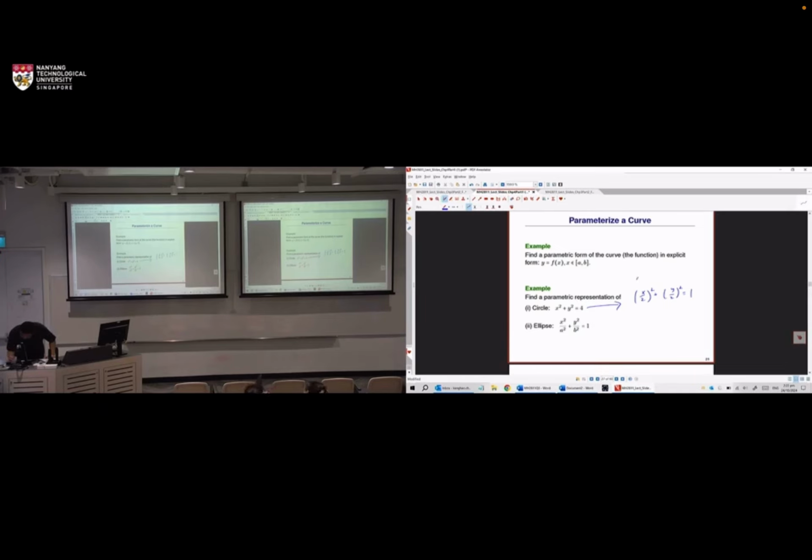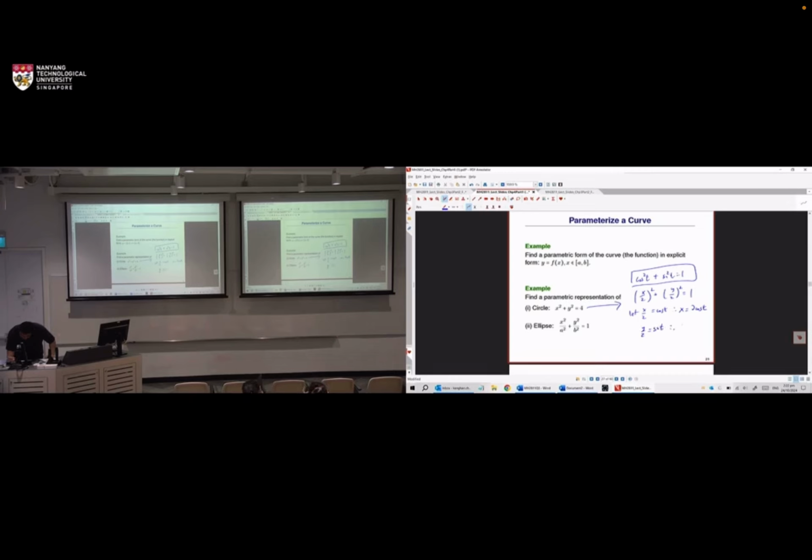Because I know that cosine squared t plus sine squared t equal to 1, I can deliberately let x over 2 equal to cosine t. Therefore, x is equal to 2 cosine t. And then y over 2 equal to sine t.